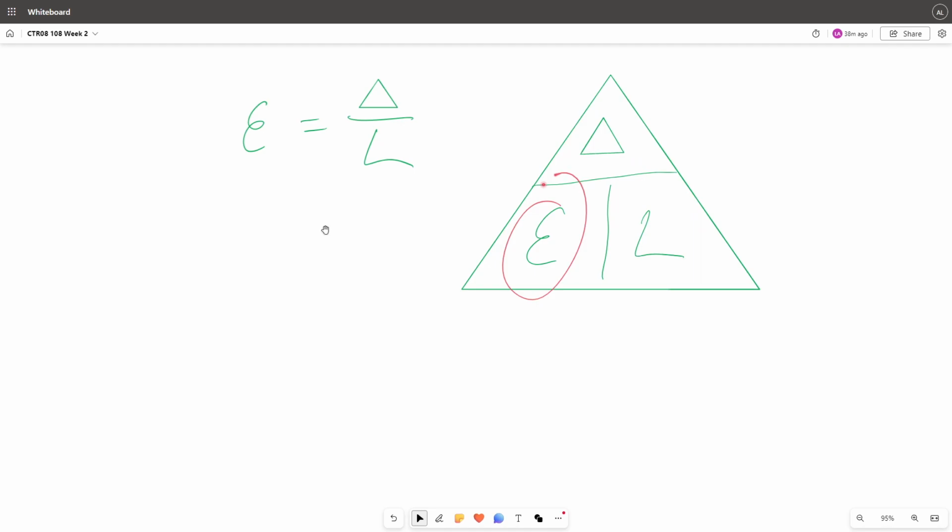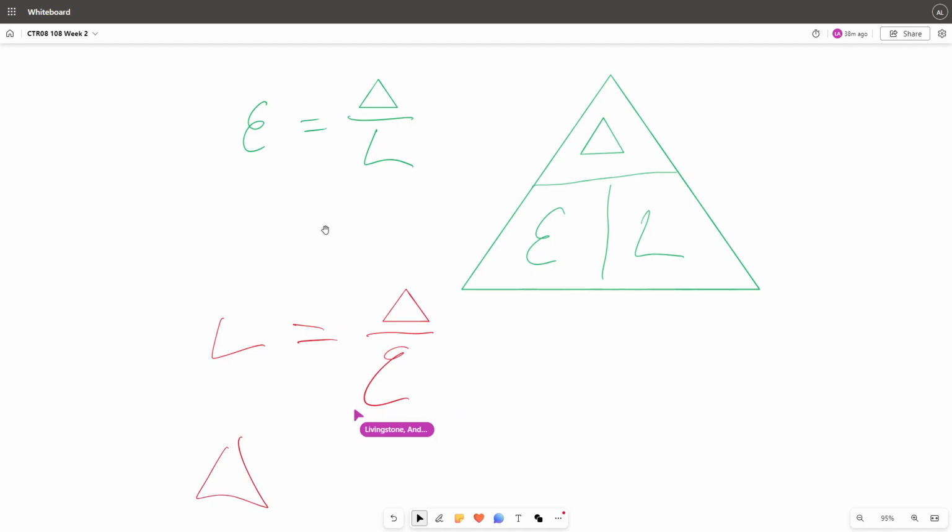I know this is a very simple one, I don't need to do a triangle for this one, but I would do that. And then if I wanted to know what L equals, well, that's just delta over strain. If I want to know what delta equals, just strain times L. Make sense? I'm treating you like babies now, but it helped me. So I'll get shot of that, and then I will go back to what I should be showing you.